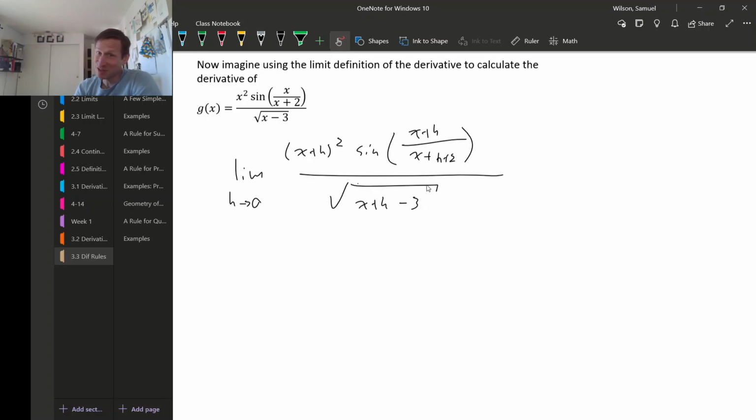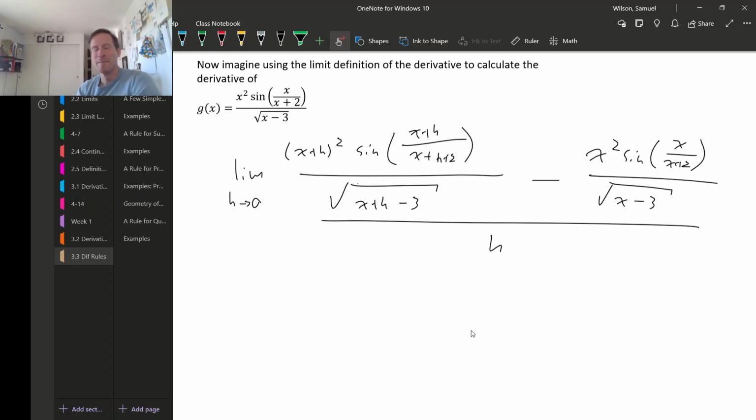Okay, well that's just plugging in x plus h. Now we have to subtract x squared sine of x over x plus 2 over square root of x minus 3, all over h. And I mean, I don't know about you, but I think this is crazy.